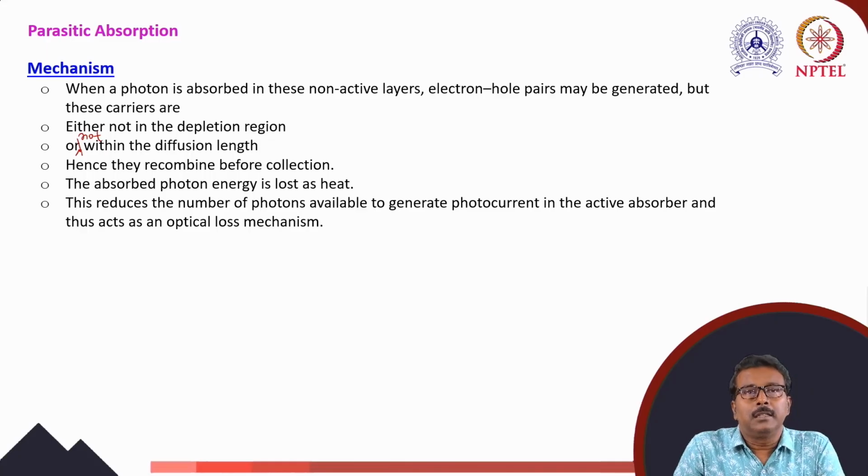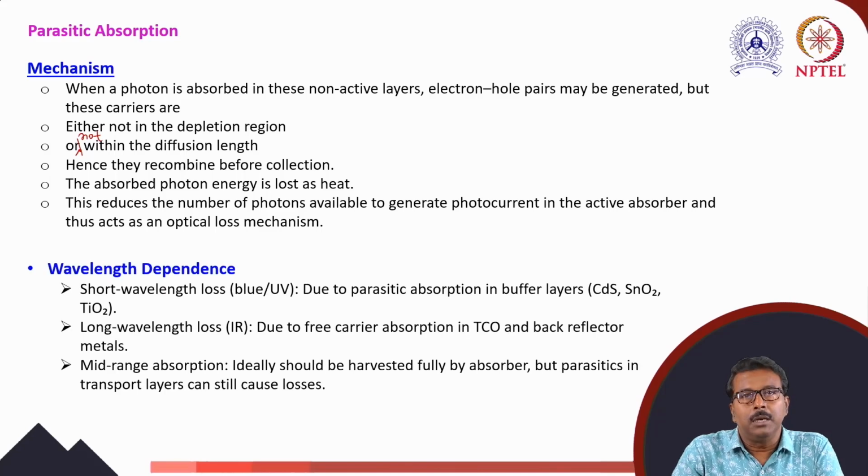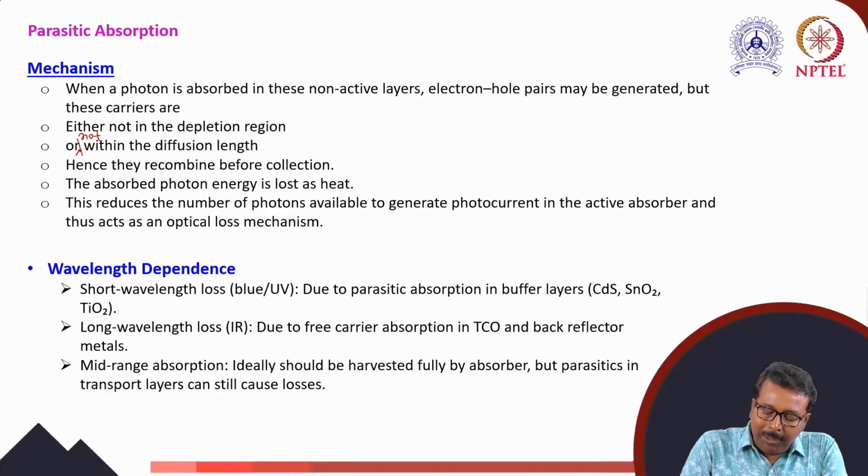That is, the carriers cannot get any force to be separated. Hence they recombine before collection, and the absorbed photon energy is lost as heat. And so the number of photons available to generate photocurrent in the active absorber becomes low, and thus it gives a low current.